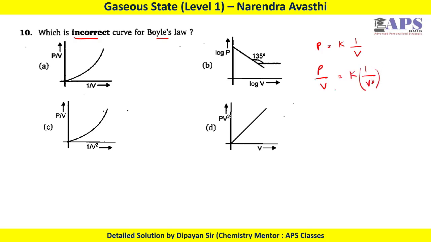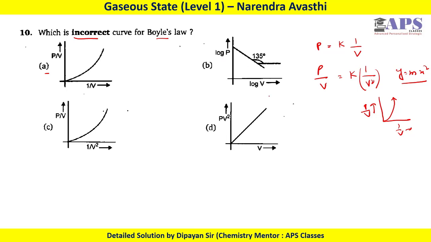This is a case of y equal to mx square. Okay, so the graph will look like this. So this is P by V and this is 1 by V. This is a function of y equal to mx square. Okay, so option A is correct.